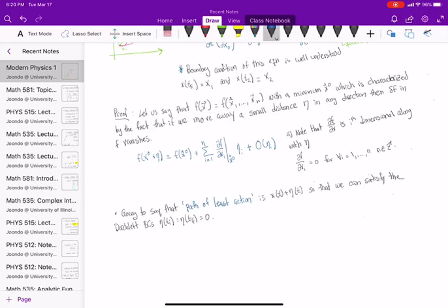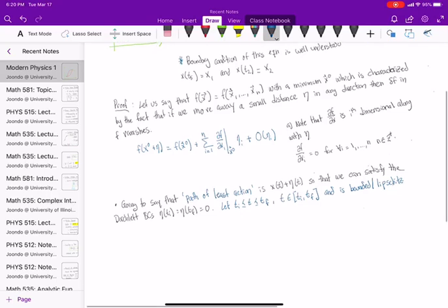So let t be defined on this continuous interval, where t is actually Lipschitz continuous, and so in other words, t is defined on ti to tf, and it's bounded, Lipschitz continuous. I'm sure you've heard about what Lipschitz continuous means in analysis.